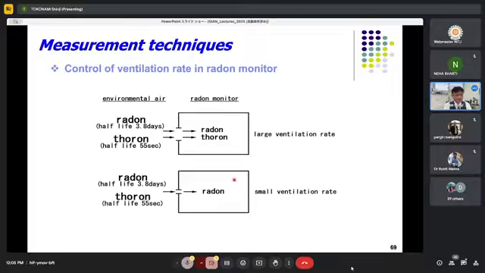This figure shows a control of ventilation rate in a radon monitor. Here's a radon monitor. If the radon monitor has a high, large ventilation rate, radon and toron, both isotopes, can enter inside of the monitor.